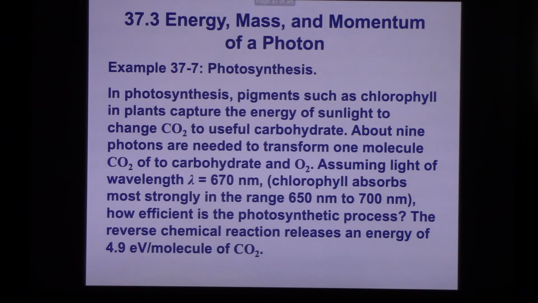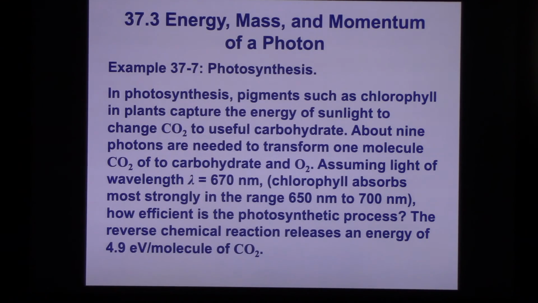off in some direction. All right, here is another example with photon energies. This one involves photosynthesis, one of my favorite biomolecular processes. What it says here is that photosynthesis in plants is able to convert carbon dioxide into carbohydrates.